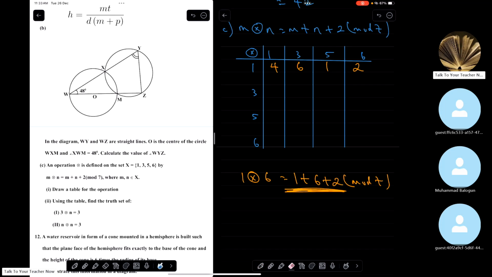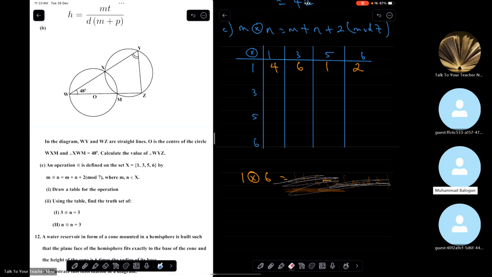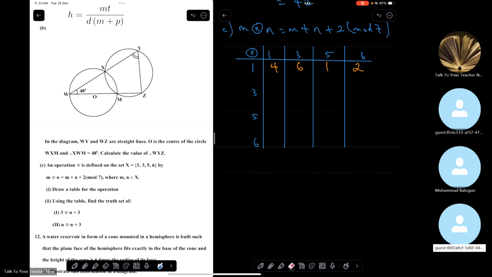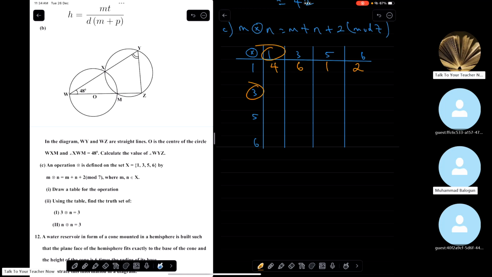Now, you are giving us all of these. 3 circle times 1 is what? Quickly. M plus N plus 2. I think I made a mistake. Mohammed, M is 3 and N is 1.